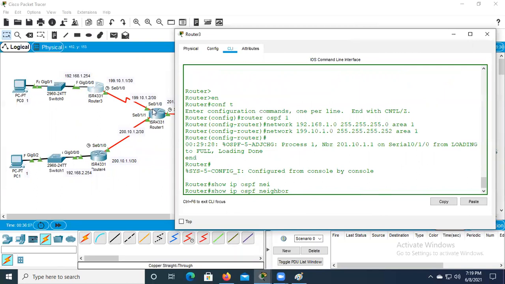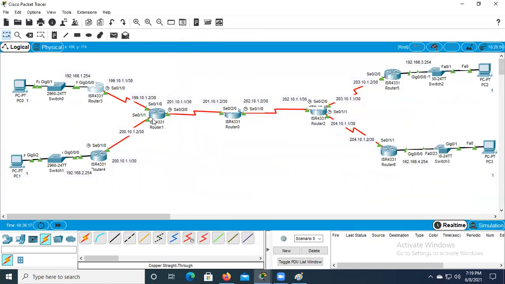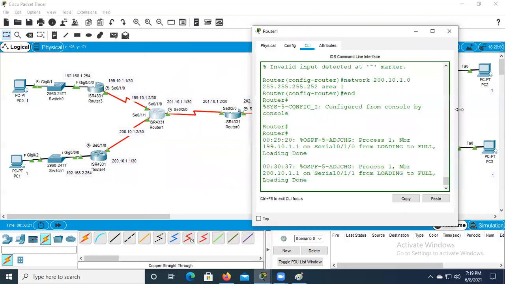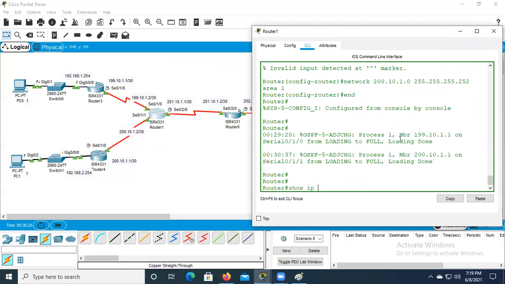There is only one router, yes? So there should be only one neighbor. What about this router? How many neighbors should I get? 3, yes. If I don't get 3, then there is some issue again.